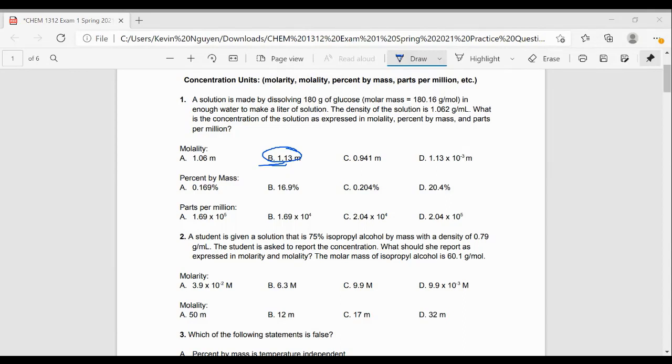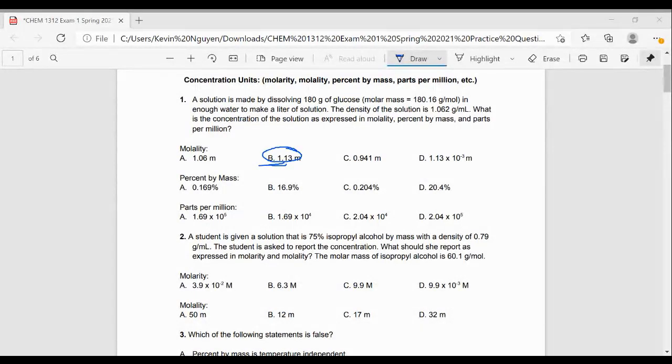But this time, instead of multiplying by 100, you multiply by 1 million, which is 10 to the 6th, or you can just type out the full 1 million. Either way, you should get an answer of A, up to the 5th. So it should be A for parts per million.